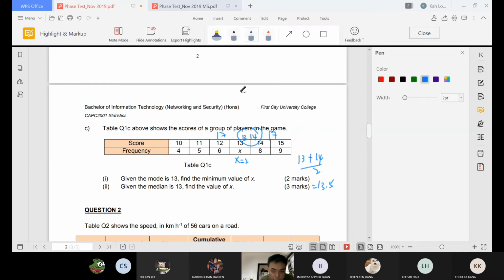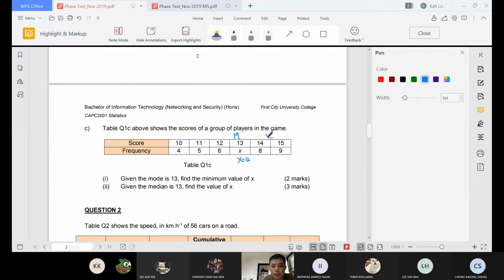Okay, now I let you think more. If my x is 4, you will still get 13, but what is the number that exactly gives you 13? When x is 4, how many data already? 19. 17, 15 plus 4, 19.